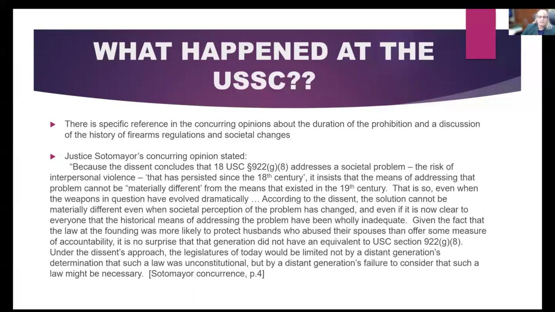It insists that the means of addressing that problem cannot be materially different from the means that existed in the 19th century. So again, the dissent is saying, well, history says this was what was going on. These are the weapons that were being used. And so if our law today isn't an exact twin of that, then it violates the Second Amendment.